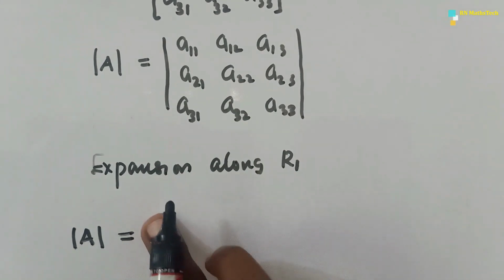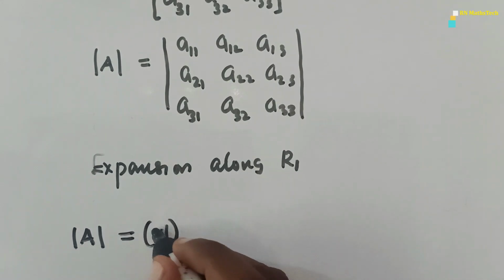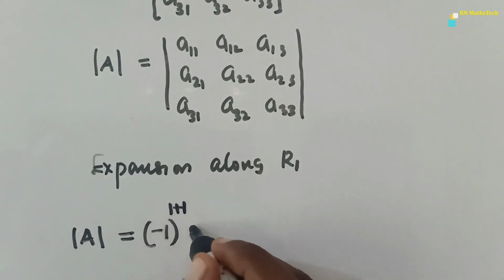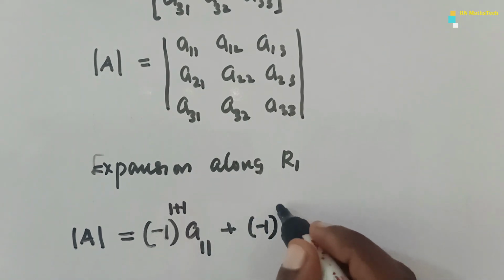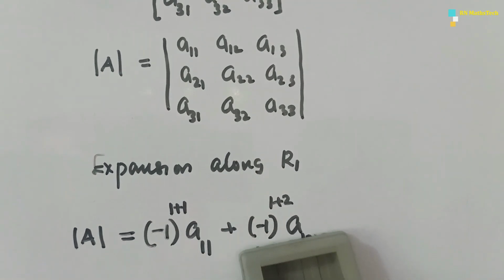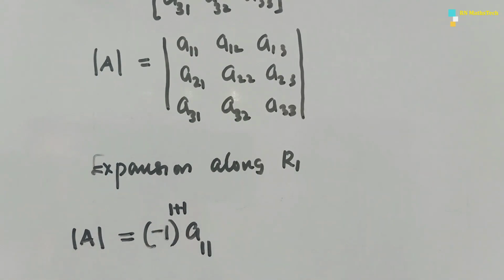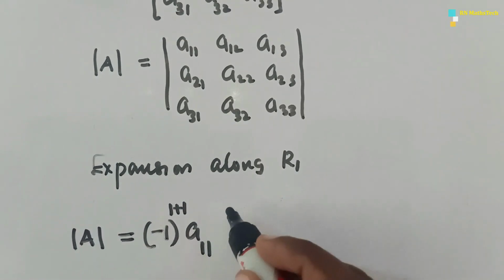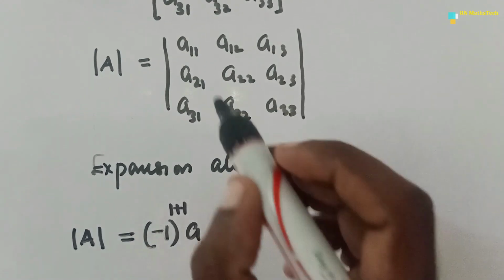So here minus 1 raised to 1 plus 1 into A11, plus next is minus 1 raised to 1 plus 2 into A12. First, minus 1 raised to 1 plus 1 into A11 into the value of the determinant obtained by deleting the row containing A11 and the column containing A11.